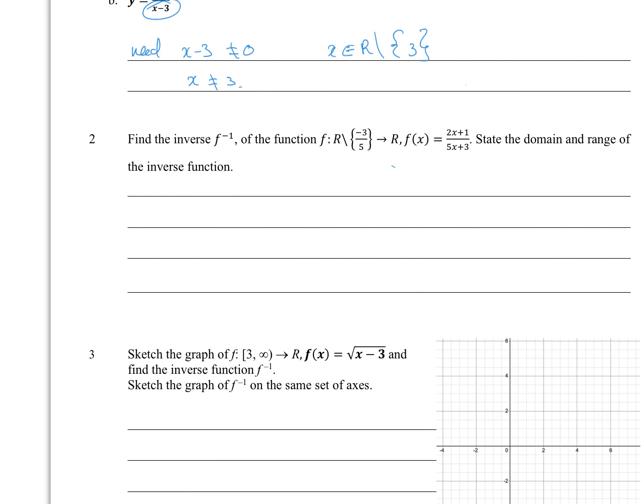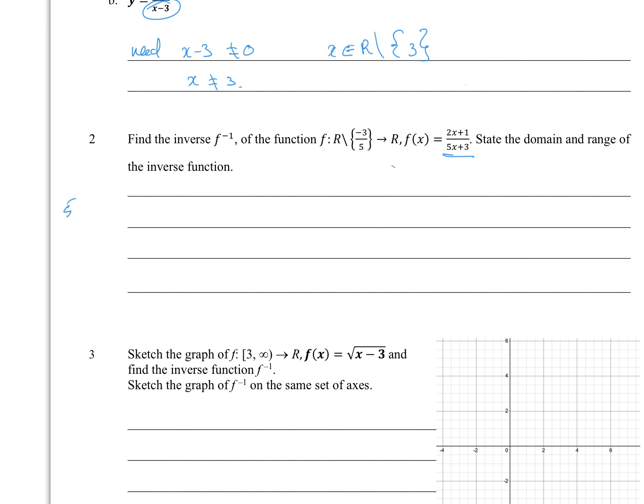All right, find the inverse function of this particular thing here first. So the easiest way to find an inverse is to swap the x and y. I think the best way to do these is to do the division first. So I need 2x plus 1 divided by 5x plus 3.